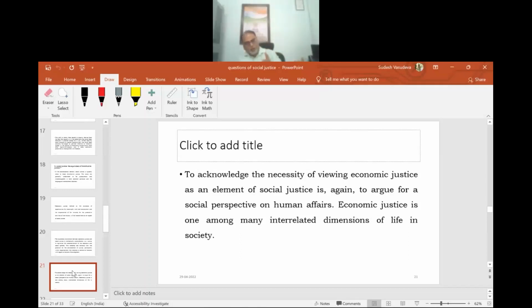Now, the impact of globalization, LPG post 1990, has created a vast disparity in the distribution of income and assets. Therefore, the direct link between socio-economic class and access to quality education or health or participation in public life are all indications of social justice.